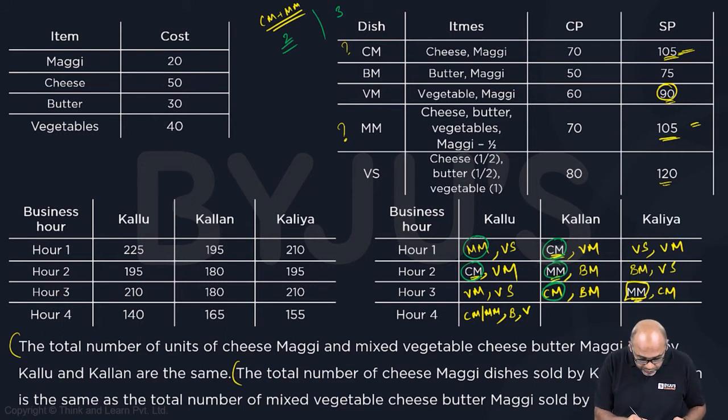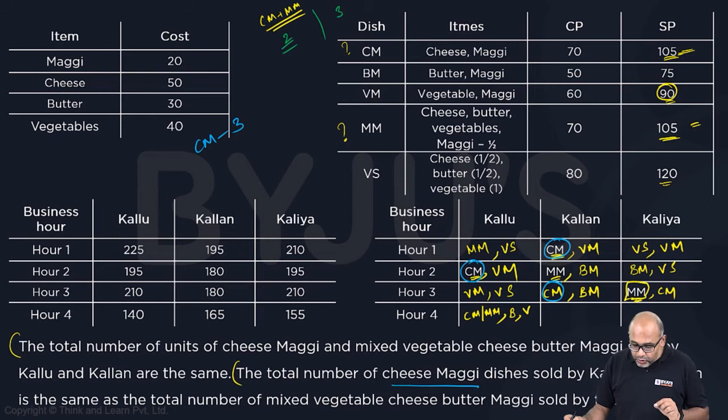Now I will use a different color so that you can follow. Now I want to total CM sold by Kallu and Kallan. So CM, CM, CM. So CM total is 3.